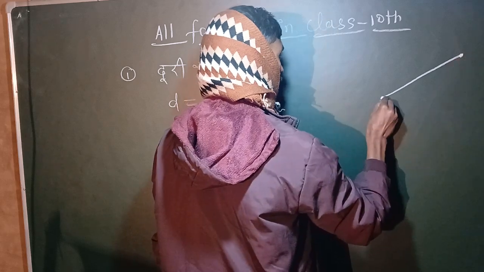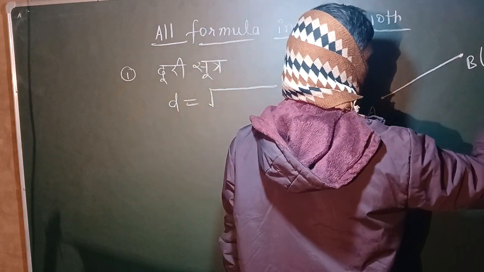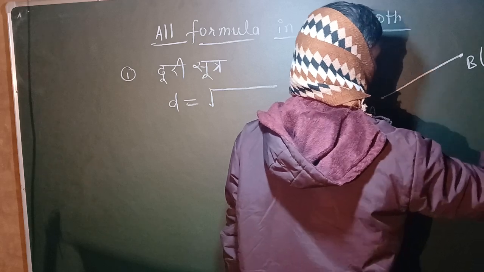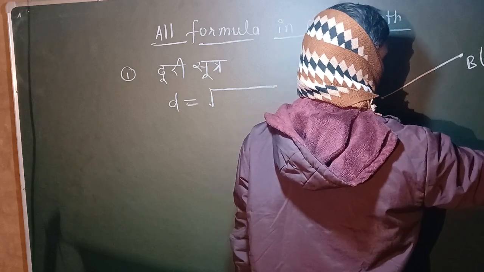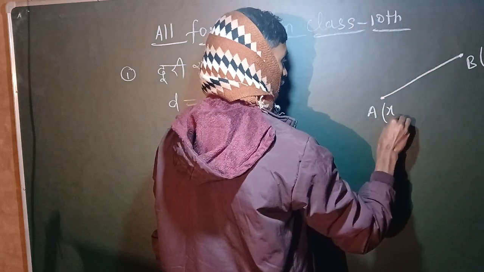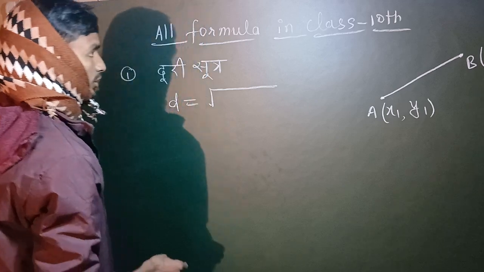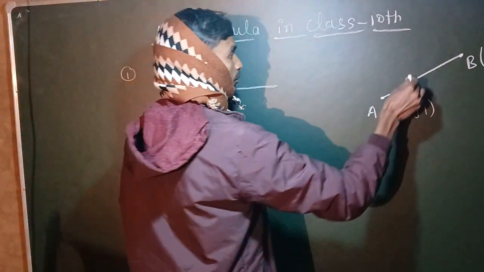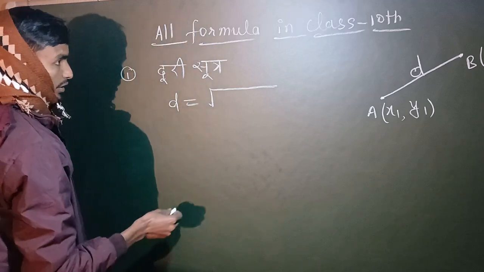दूरी formula? A (x1, y1), B (x2, y2). I will find A and B distance.